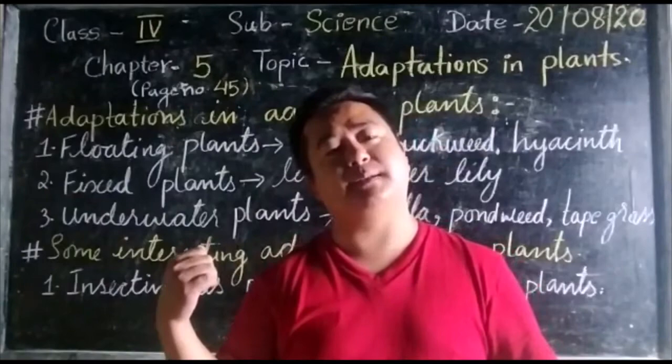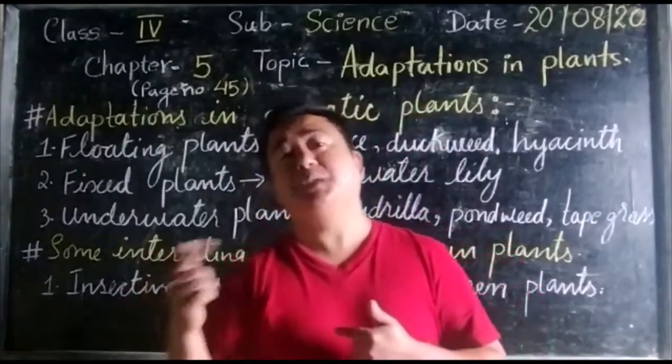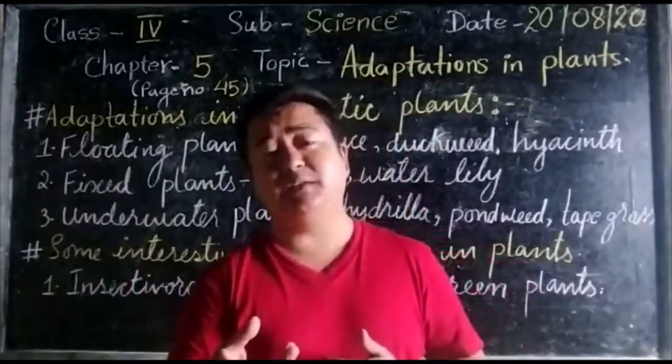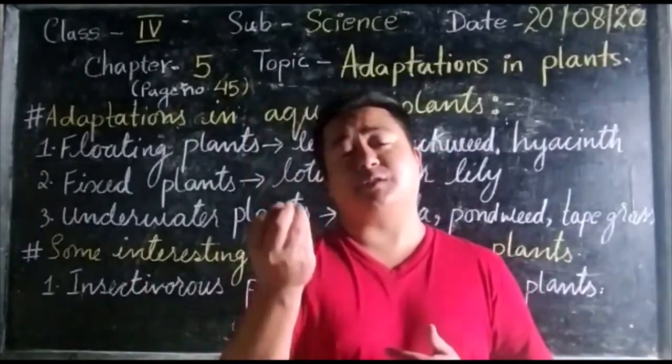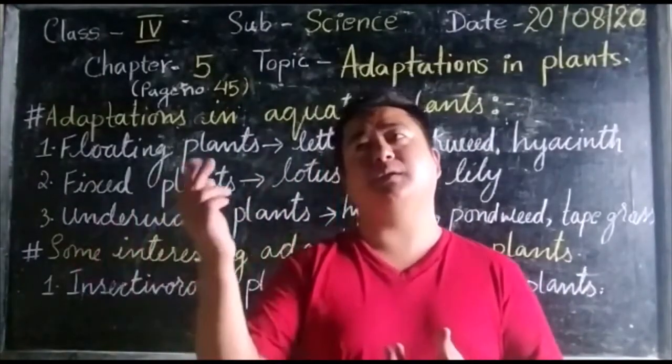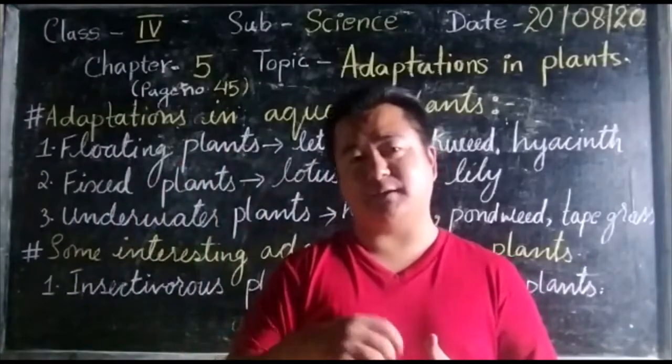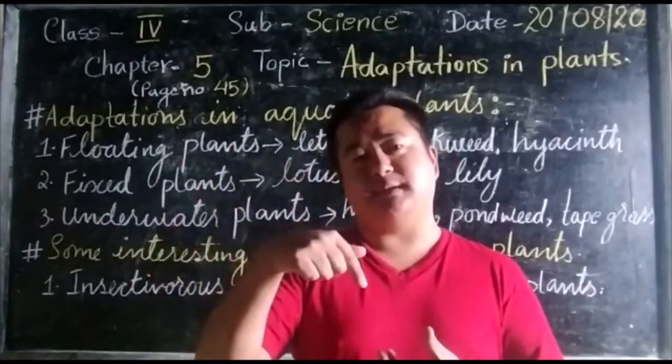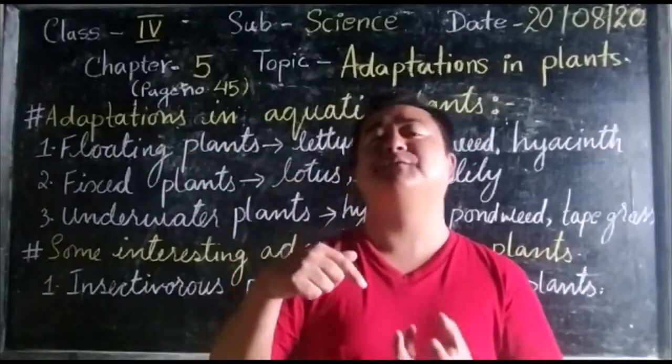Whatever trapped insect or prey dies inside the leaf, from there the nutrition is extracted by the plant. In the other case, the pitcher plant, the leaf takes a structure just like a pitcher with a lid. Insects get attracted and come inside because in the pitcher there is a fluid.